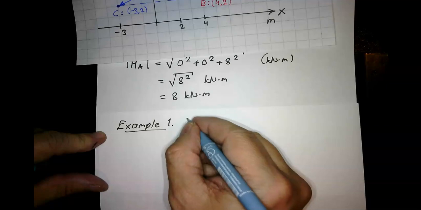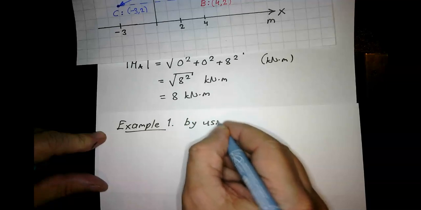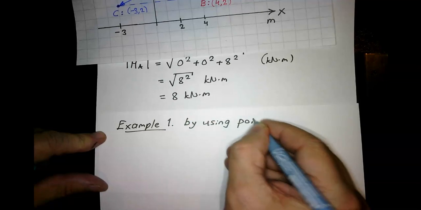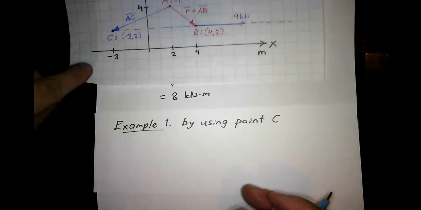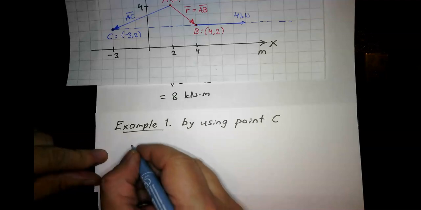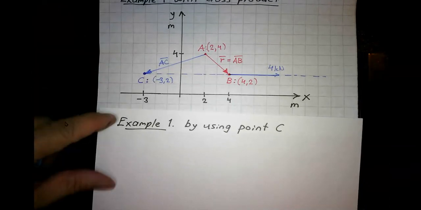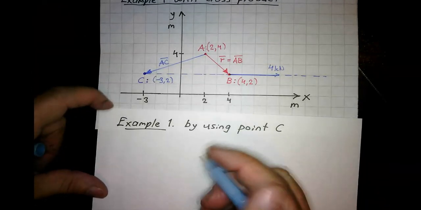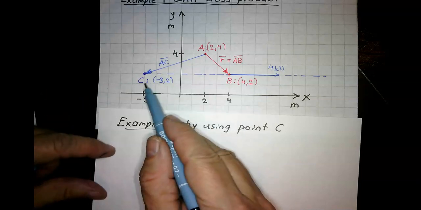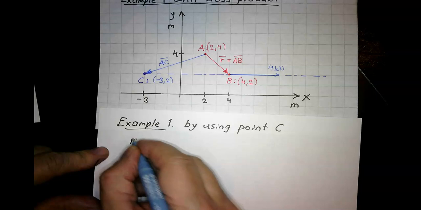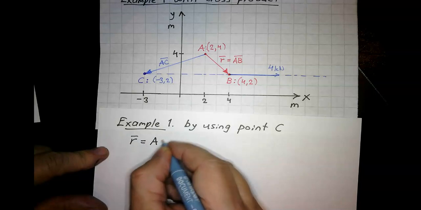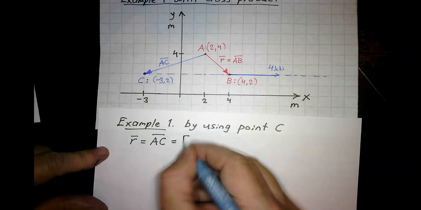Example 1 by using point C. So in this case, I have point C there, and I need to find the r vector. In this case it will be vector AC.